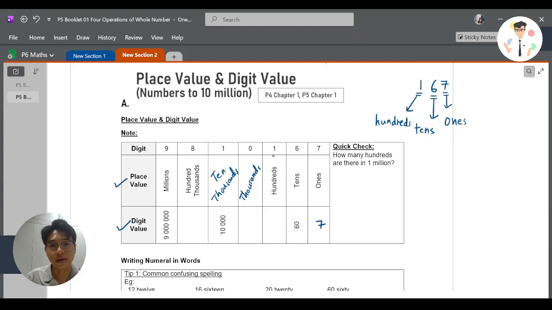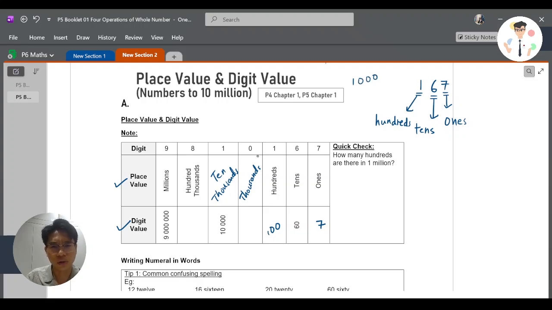We have 167, so here will be 100. As you can see, 100 plus 60 plus 7 is 167.